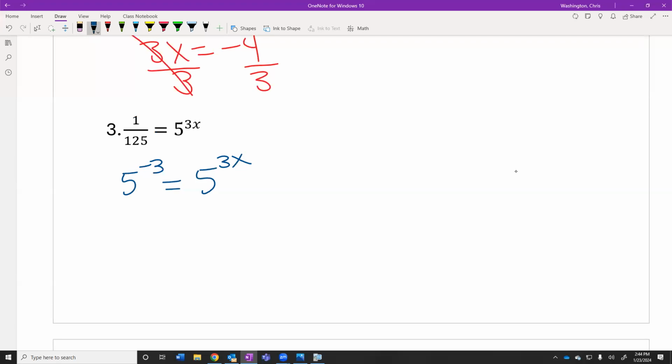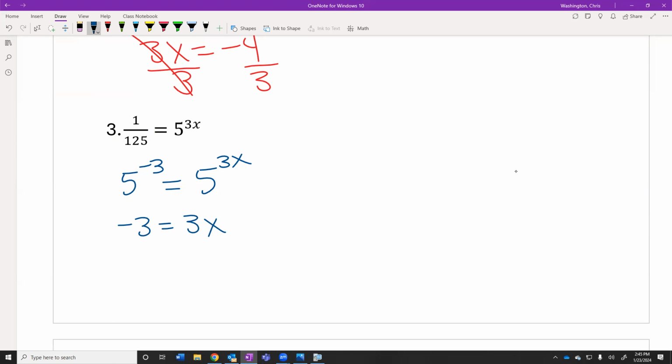You don't always have to change both sides of the equal sign. We're just trying to get them equal. So if we only need to change one side, that's good. So now that the bases are the same, we can say that the exponents, -3 and 3x, also have to be equal.